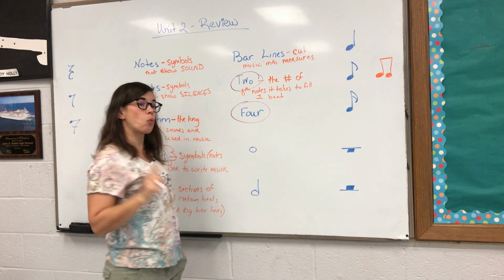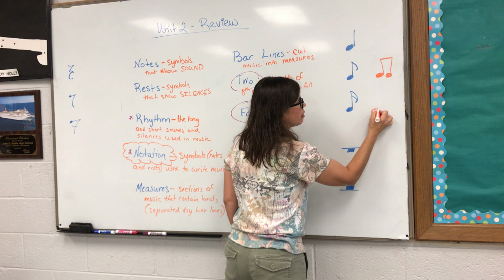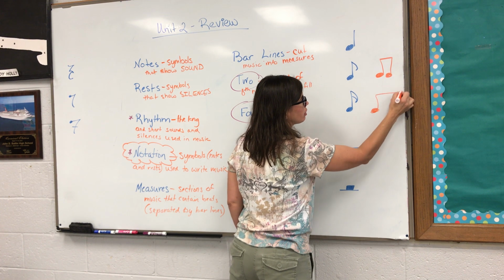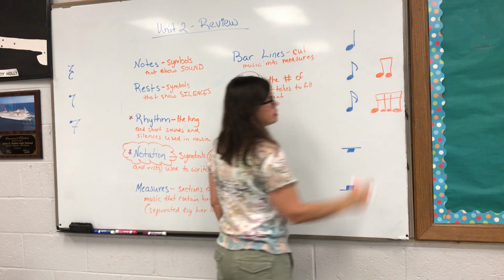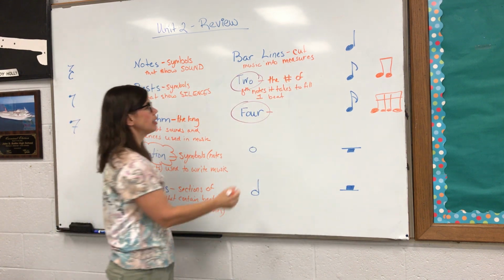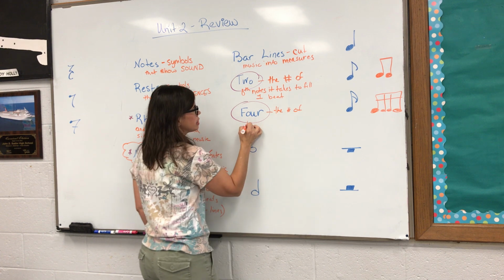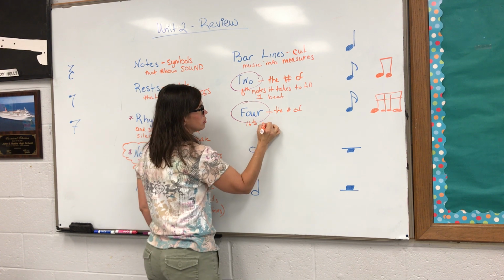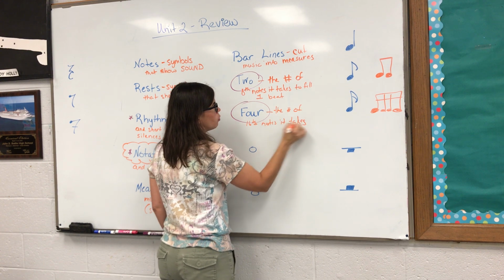Now you might guess why I have the number 4 on there. Because it's the number of 16th notes it takes to fill up a beat, okay? So it's the number of 16th notes it takes to fill one beat.